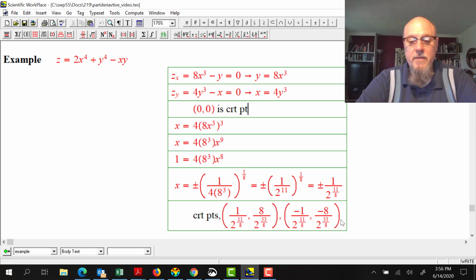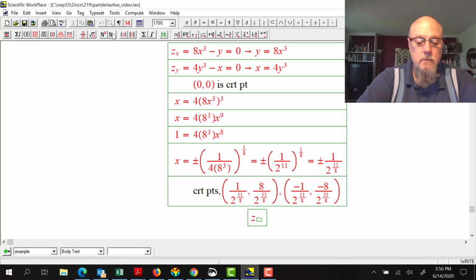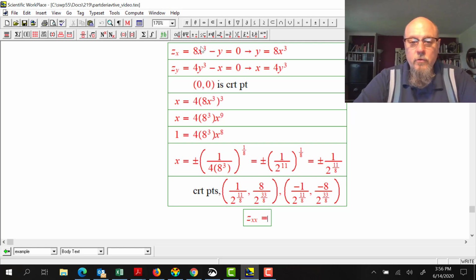We've got to classify them. So I'm going to need the second derivatives. I need z sub xx. That's going to be equal to 24x squared.